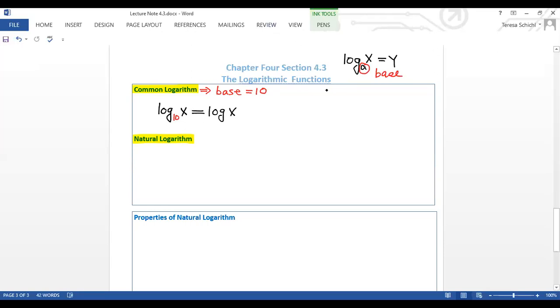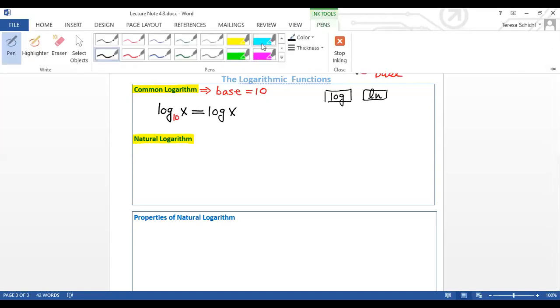In your calculator, typically you're going to have two keys: one is the log key, and the other is the ln key. Every log function should have a base, so if you see a log function with no base, you immediately know this is a common log. That means the base is equal to 10, all right? So it's super important.